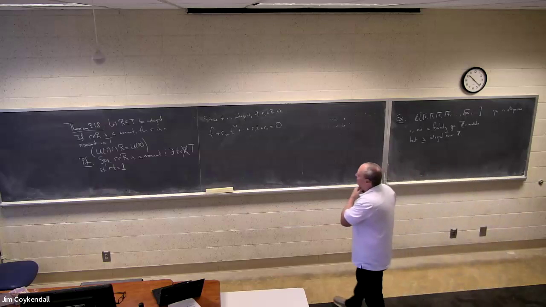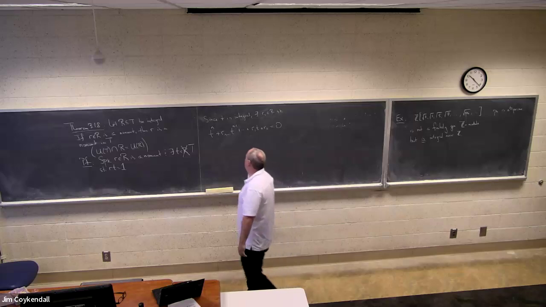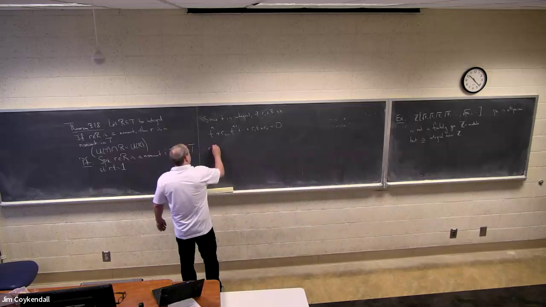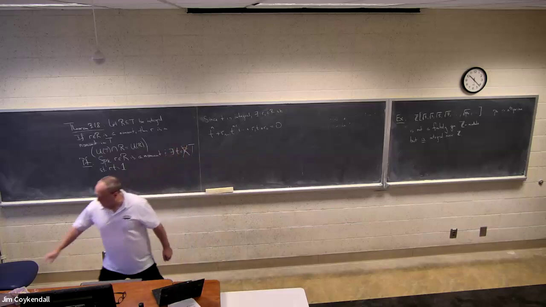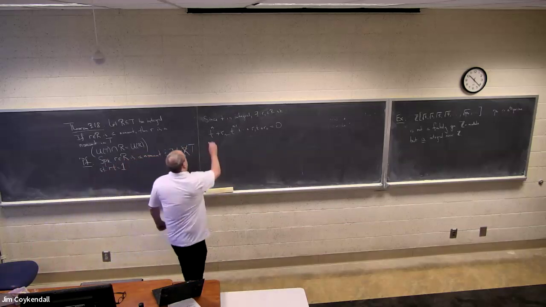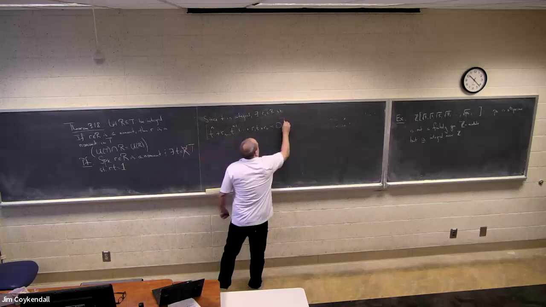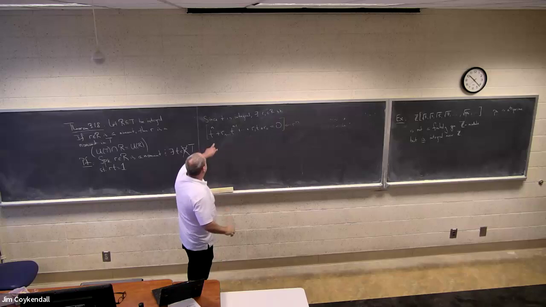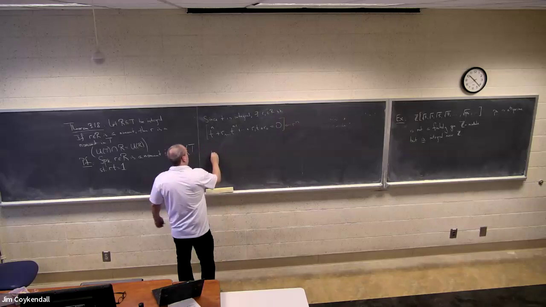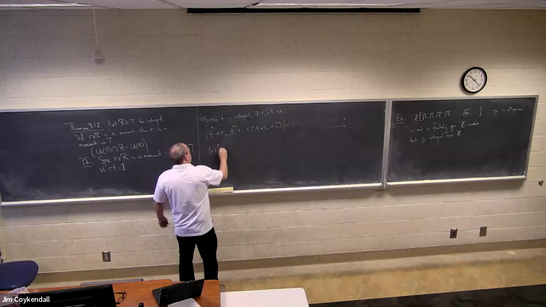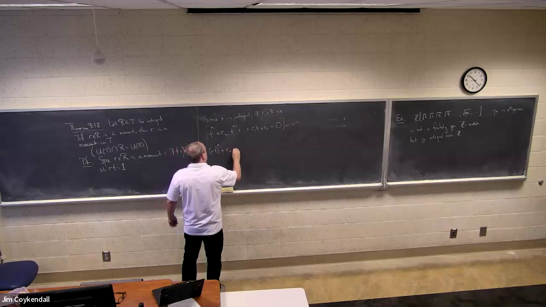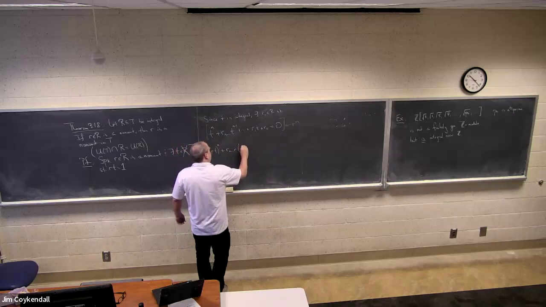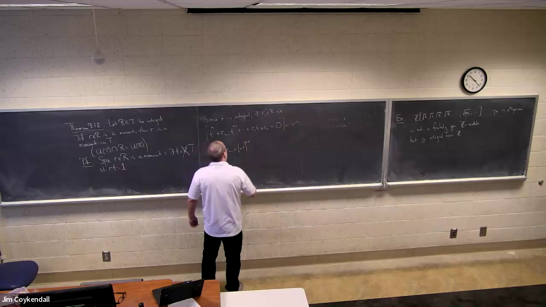I'm going to multiply both sides of this equation by r to the nth power. Well, so let me, for dramatic purposes, multiply this by r to the n. And what that's going to come to is (rt)^n plus r_{n-1}(rt)^{n-1}.